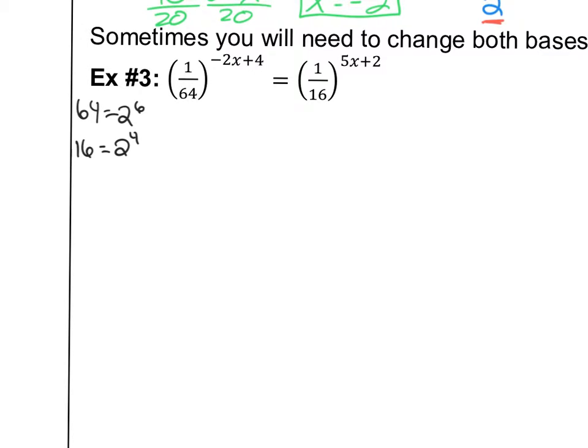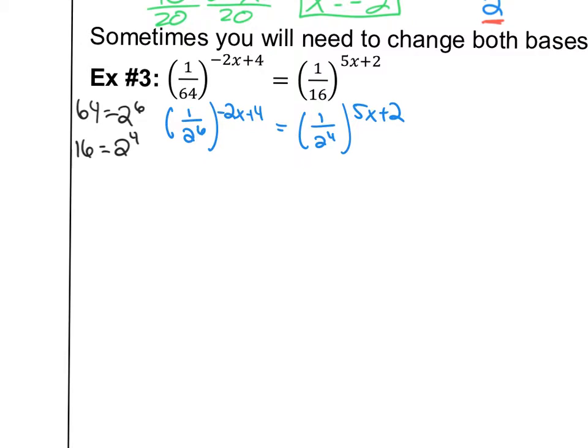So we can rewrite this whole equation as 1 over 2 to the 6th, negative 2x plus 4, equals 1 over 2 to the 4th, 5x plus 2.